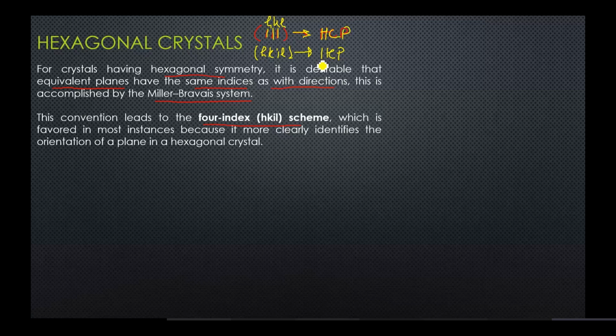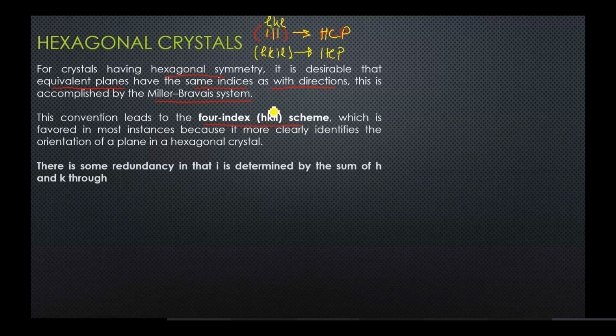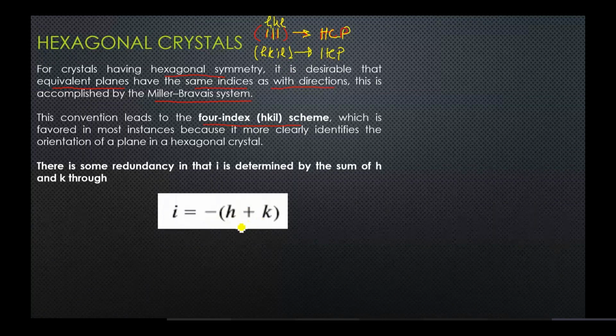The conversion is very easy. The only thing is that the new index I that is being introduced is essentially the negative sum of the first 2 indices. H plus K with a negative sign would give you the I index. For example, how would I represent the 111 plane in a Miller-Bravais or 4 index HKIL system?